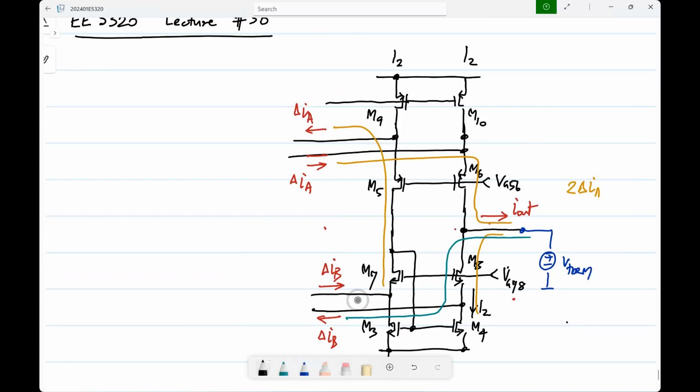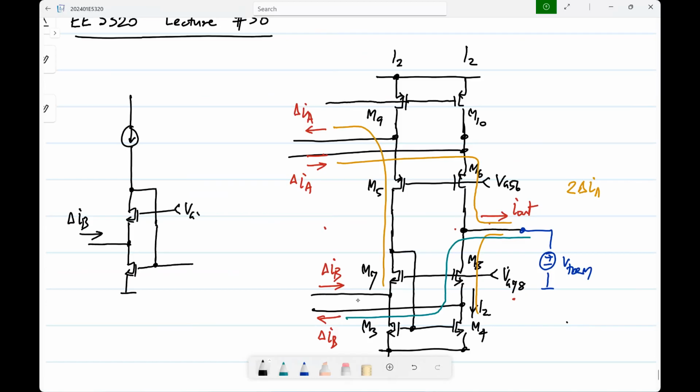Let's take that separately. I'll just show a constant current from the top, because when the other signals are not there, it is just a constant current source from the top. And I have delta IB here, and this is some fixed bias. What is the impedance looking up that way?